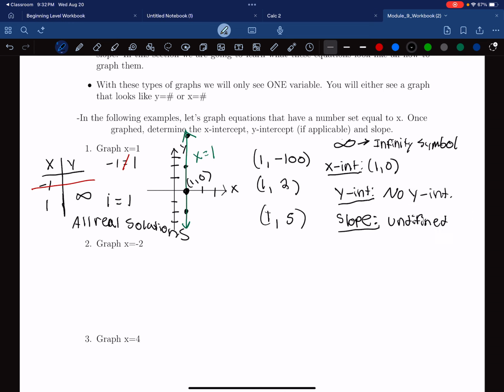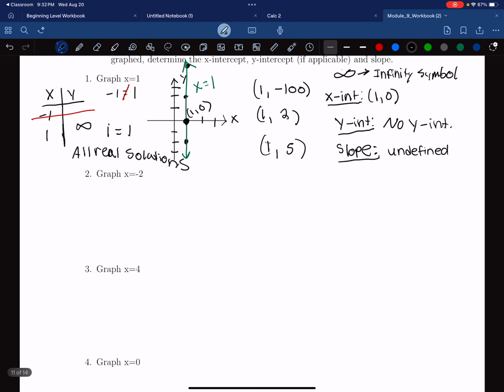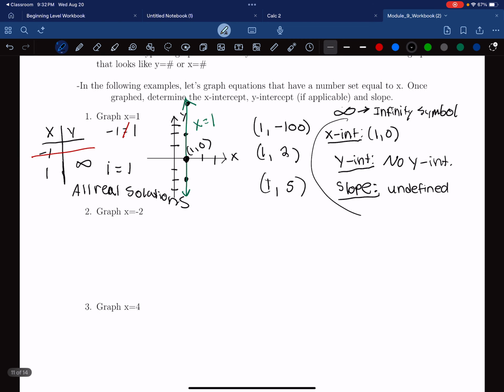So there you go. This is our answer, and this is our graph. Sorry, I did a lot of writing for this example.